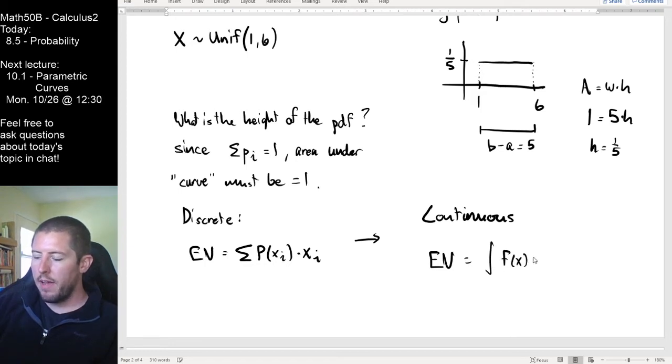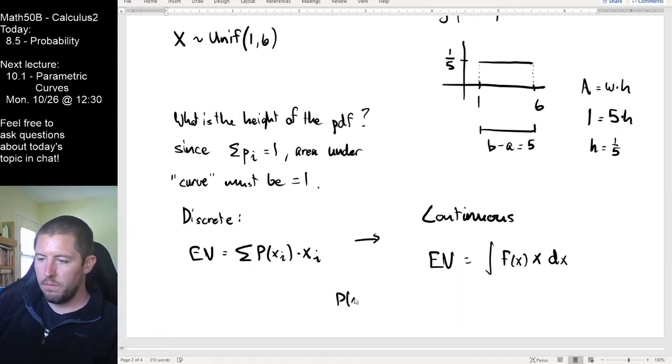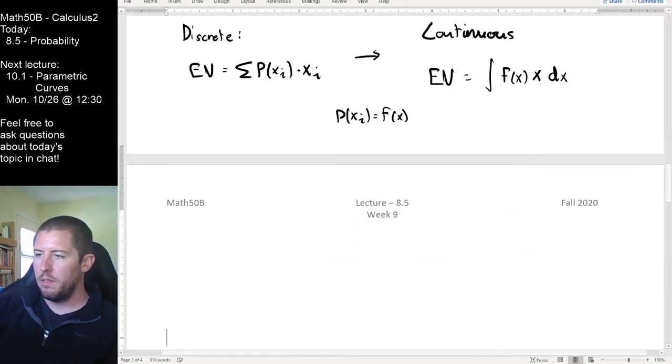I'll just call it f of x times x dx. So across all the x values of interest, we're going to do from 1 to 6. f of x is the same as p of x sub i. That's just our probability distribution function, f of x, or p of x, times the x value that's associated with it. So we're just, in a sense, upgrading this to be an integral computation now.